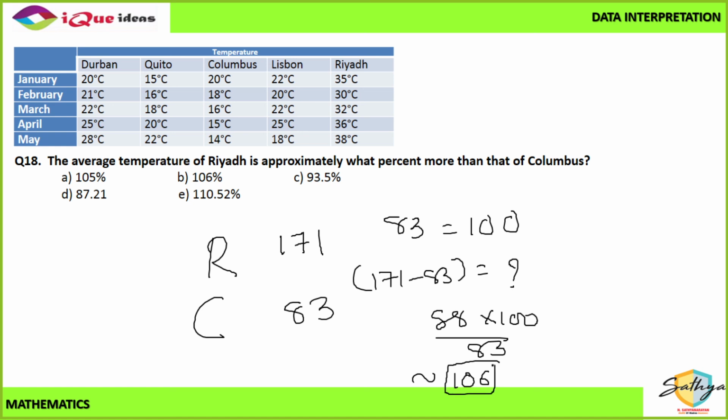Did you get this one? For Riyadh and Columbus, if I'm just doing a percentage comparison, then I don't need the average. Whether I take the average or total, answer will be the same because both the numbers are being divided by 5. So I save one step. I don't find the average. I simply find the total and directly compare the total. So Riyadh 171, Columbus 83, difference 88. So 88 is what percentage of 83? Rough answer 106.